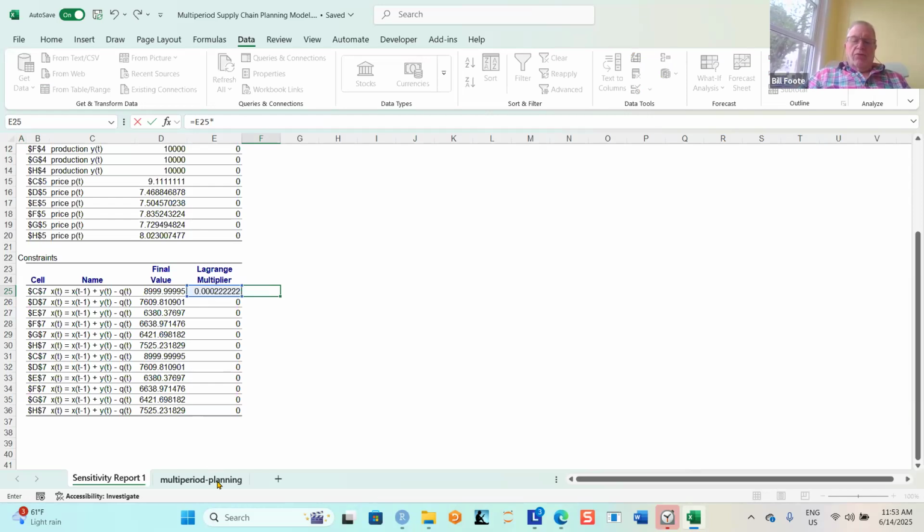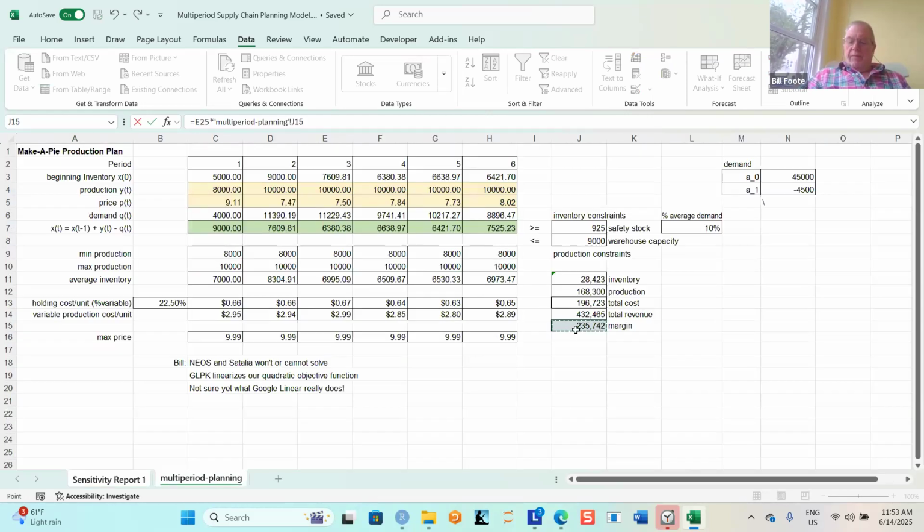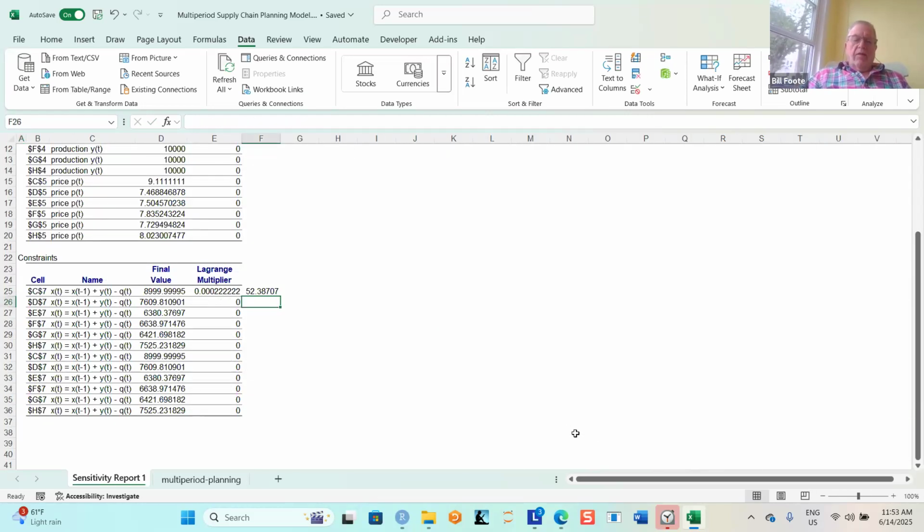This is almost right. $52 a profit. 1 unit? Don't think so. 1 unit in inventory, maybe. Yeah. So that's something to think about. 1 unit of inventory in this model.